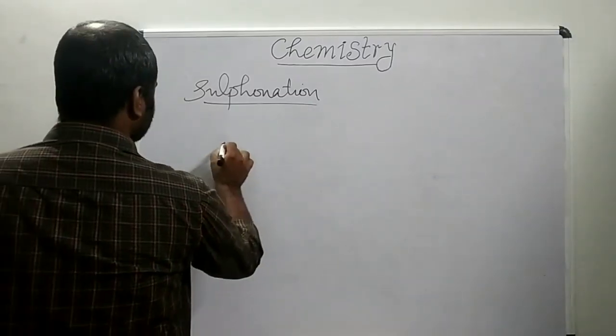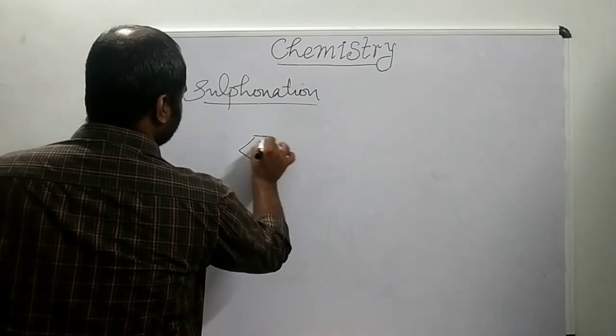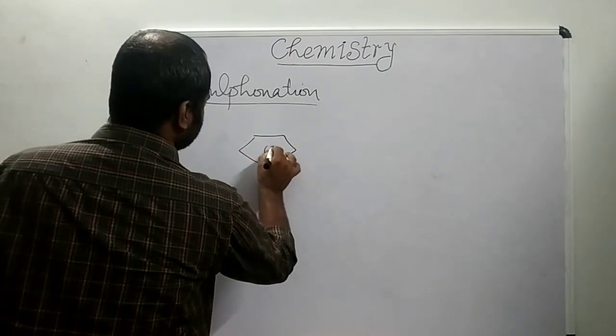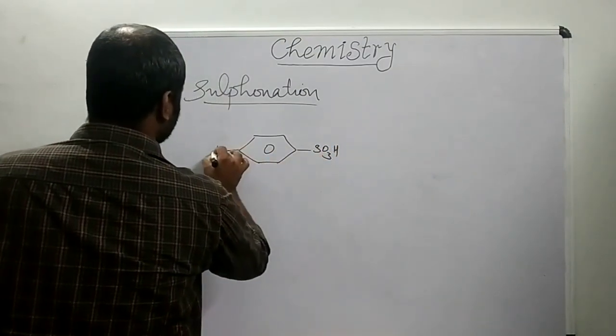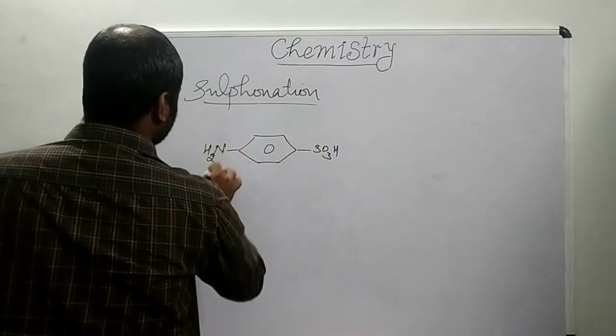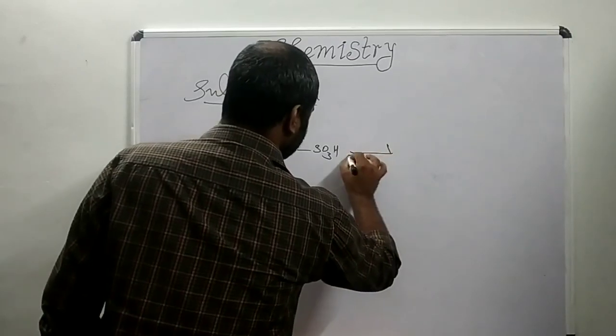Here is para-amino benzene sulfonic acid, with SO3H and NH2.